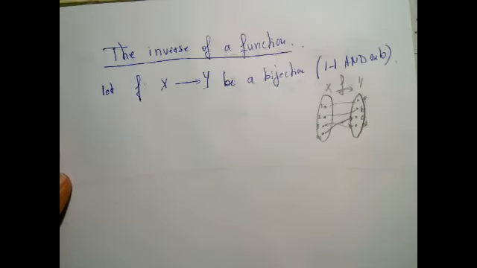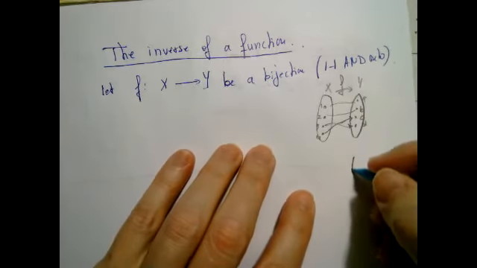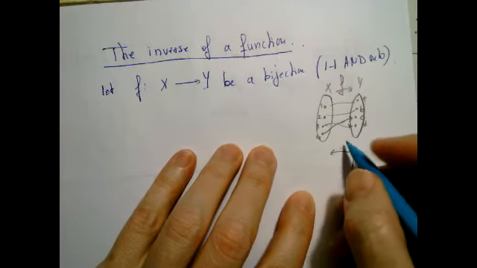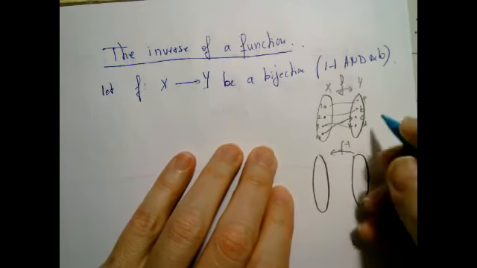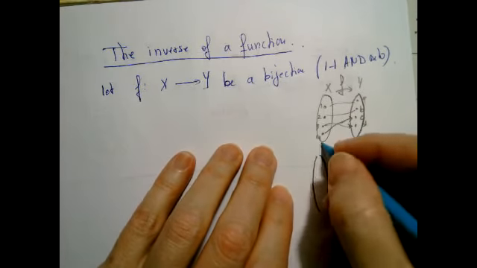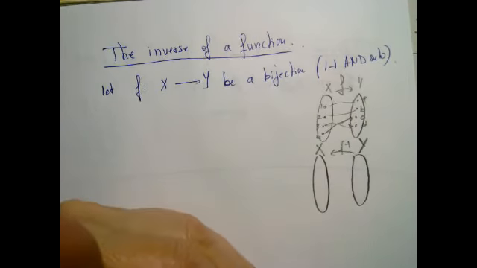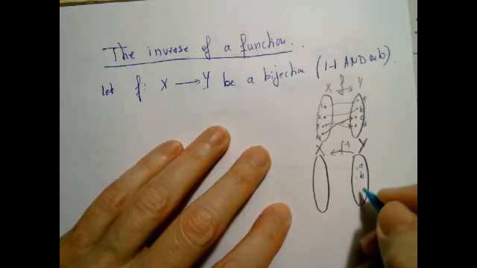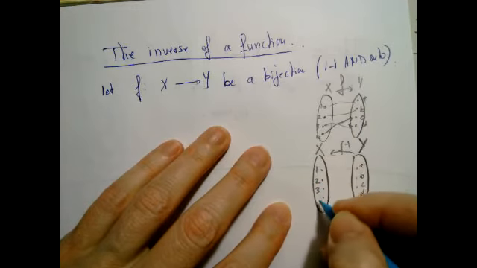Then the inverse of F is going to be a function from Y to X. So it's going to go from Y all the way to X. And basically, it's going to undo what F does. So this is A, B, C, D, and 1, 2, 3, 4.